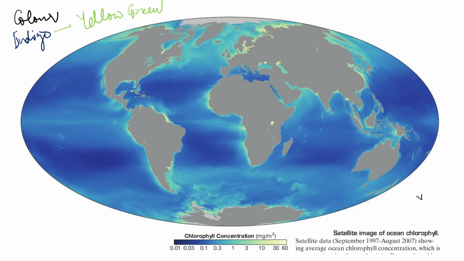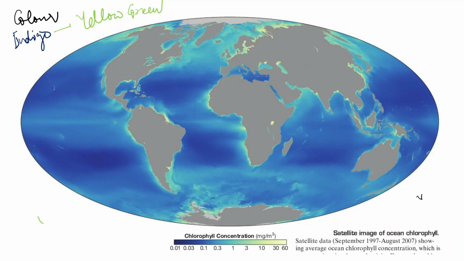And why is this chlorophyll high over there? It is because the production of algae is higher. The phytoplanktons are higher in these regions. And why are they high in the coastal areas? Because the nutrient content in the coastal waters is high.